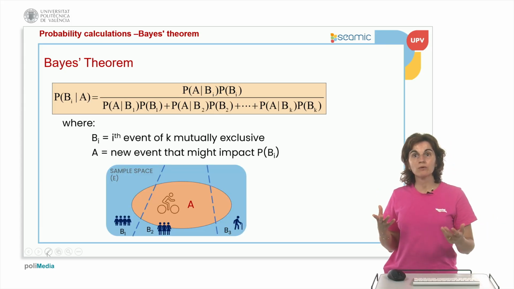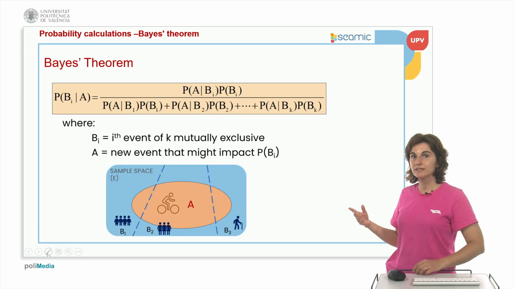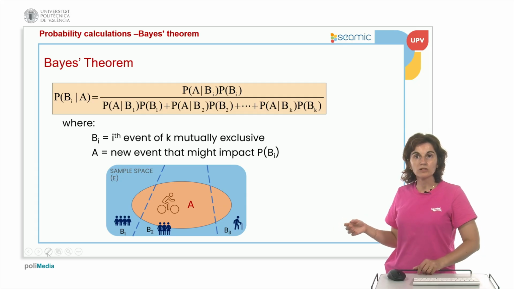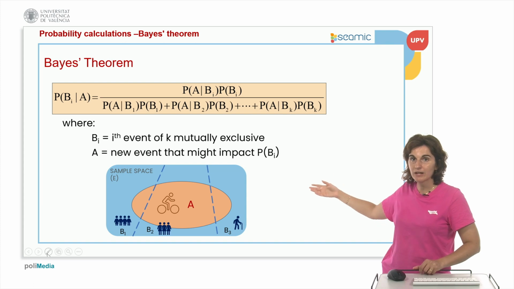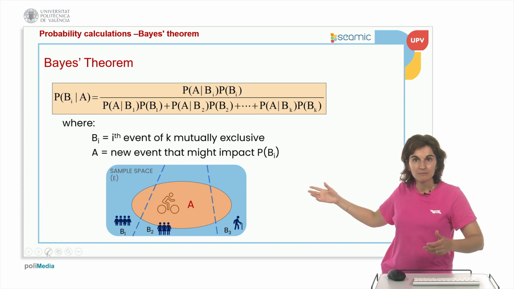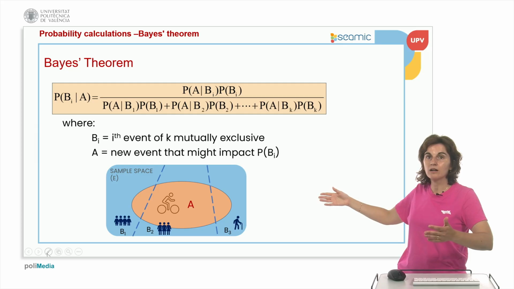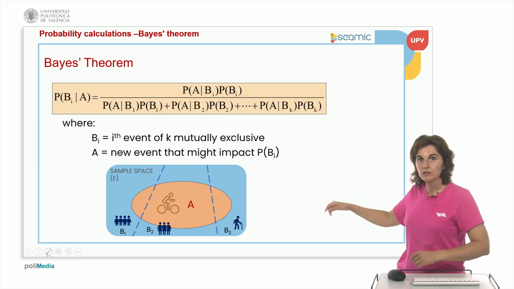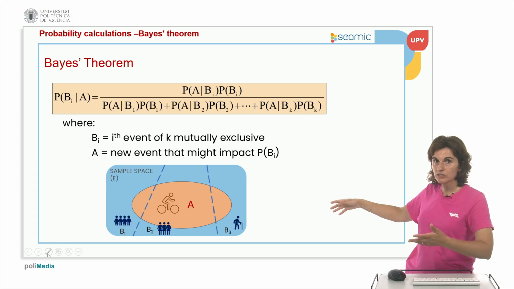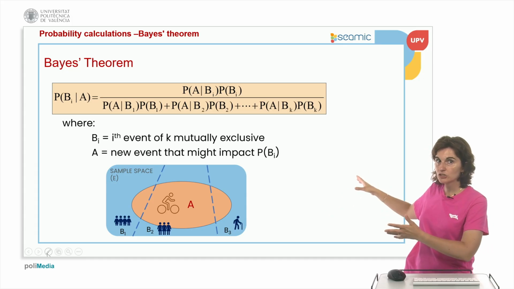In our example, when we defined the total probability law, remember that we were talking about the probability to find someone who usually rides a bike on a daily basis, conditioned to being someone in the children population, B1, or from the adult population or elderly population.